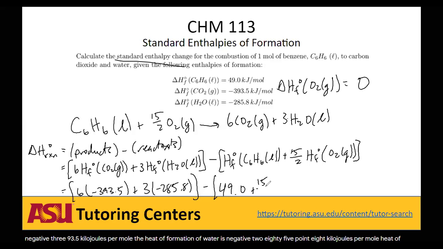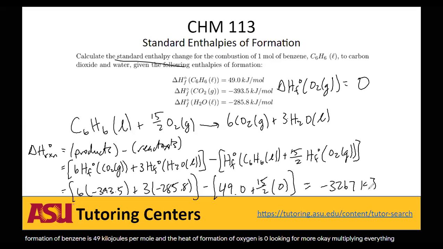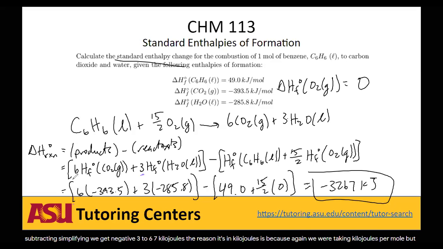And the heat of formation of oxygen is 0 kilojoules per mole. Okay, multiplying everything, subtracting, simplifying, we get negative 3267 kilojoules. The reason it's in kilojoules is because, again, we were taking kilojoules per mole, but we multiplied by the moles of each of them that we had in our equation. Those are what those coefficients were out front.